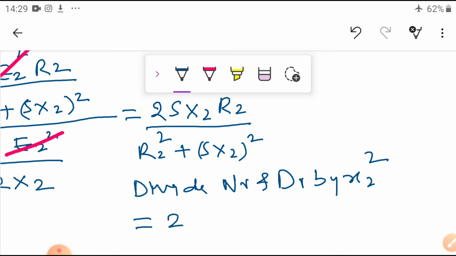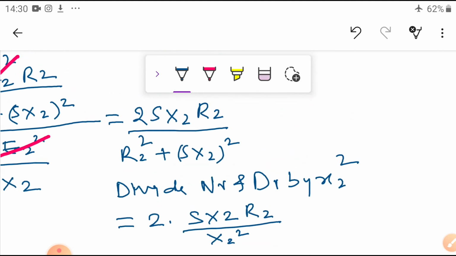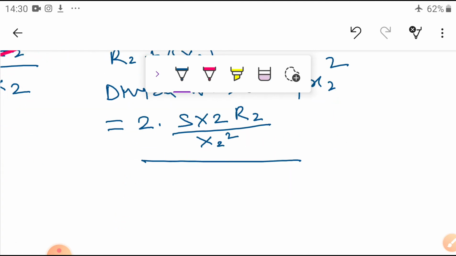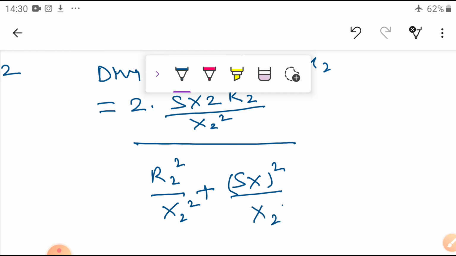So, 2 into Sx2 R2 divided by x2 whole square. Similarly, the denominator: R2 whole square by x2 whole square plus Sx2 whole square by x2 whole square.